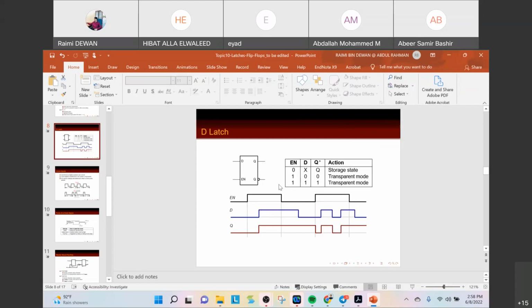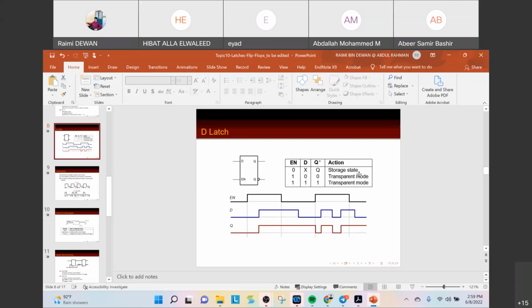And if you have the signal of having the high value, which is 1, then what happens is that if your D is 0, sorry, enable is 1.